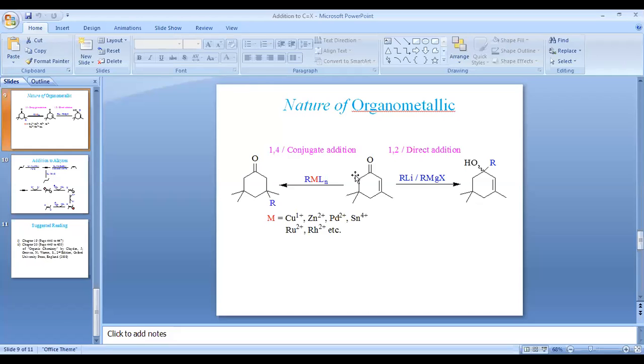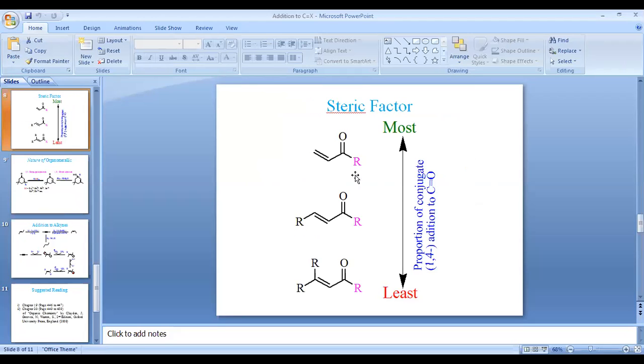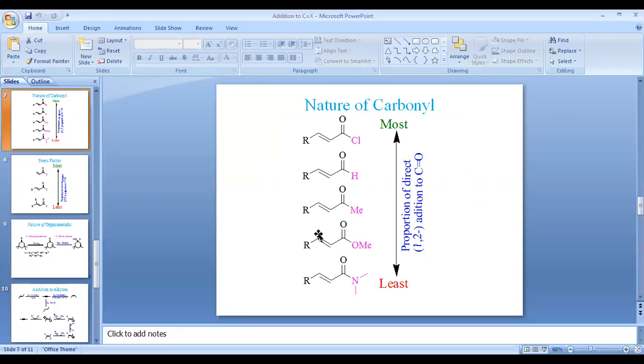Sir, in esters, the alkoxy group attached to the carbonyl carbon is no doubt electron donating with respect to resonance, but it is electron withdrawing inductively. Then why does it prefer conjugate addition? Which slide are you talking about? Esters, the comparison, previous slide.